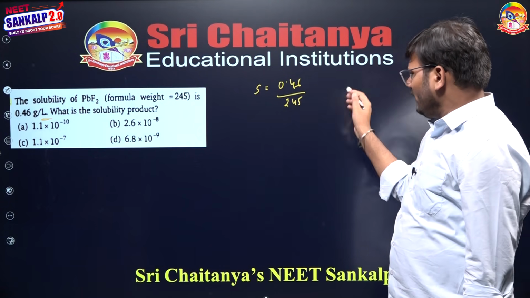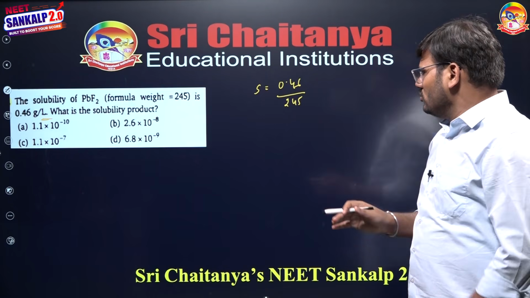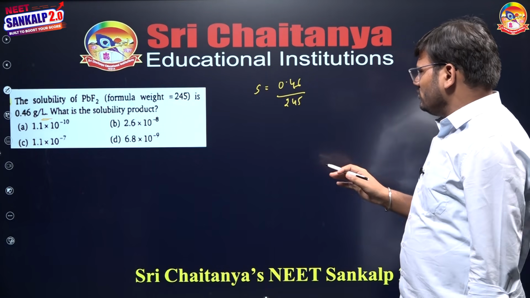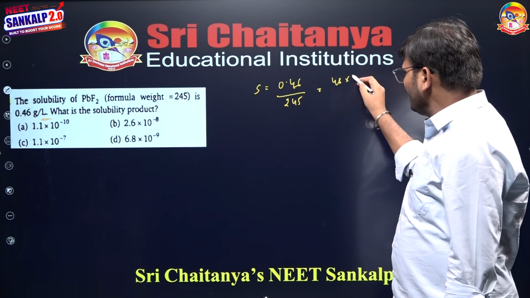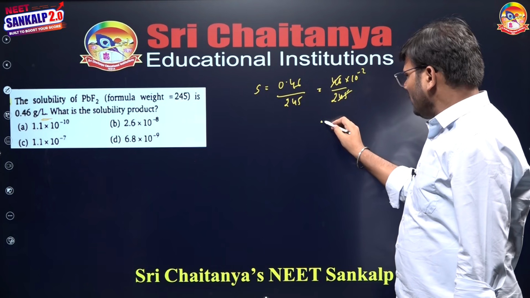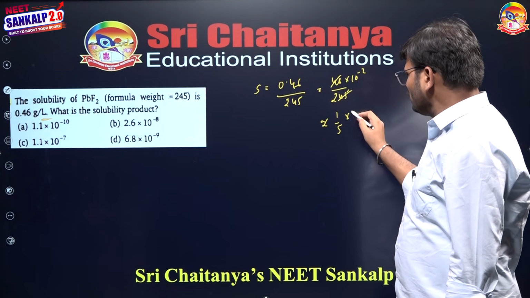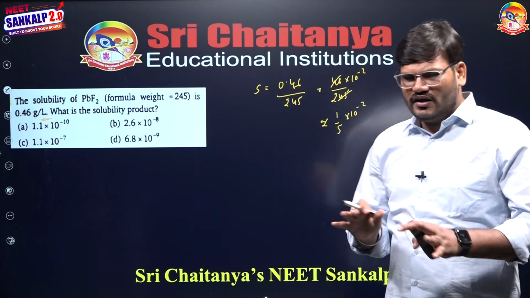Because this value is not very good, if you do a very vague approximation, 46 into 10 raised to minus 2 divided by 245, it is approximately 1 by 5 into 10 raised to minus 2. I am doing this because the options given are very far from each other.